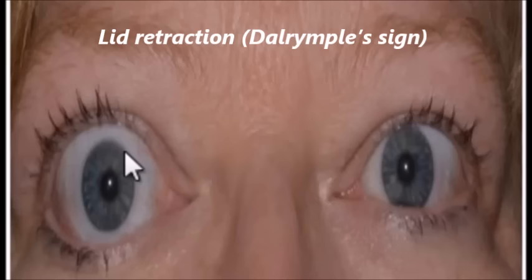The next change that occurs in the eyes in hyperthyroidism is bulging of the eyeballs, which is called proptosis or exophthalmos.